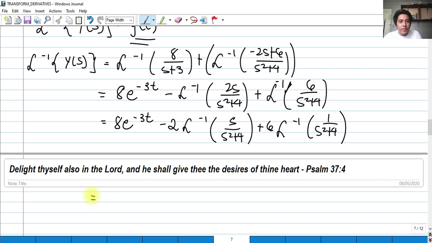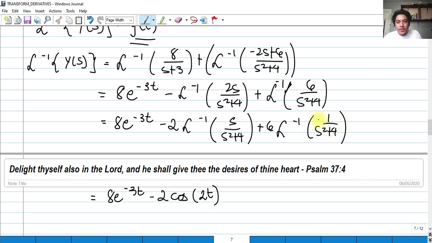Getting the inverse Laplace of that is simply 8e raised to negative 3t, and this is simply cosine. So we have negative 2 cosine of the value of a. This is a squared, so we have 2t.